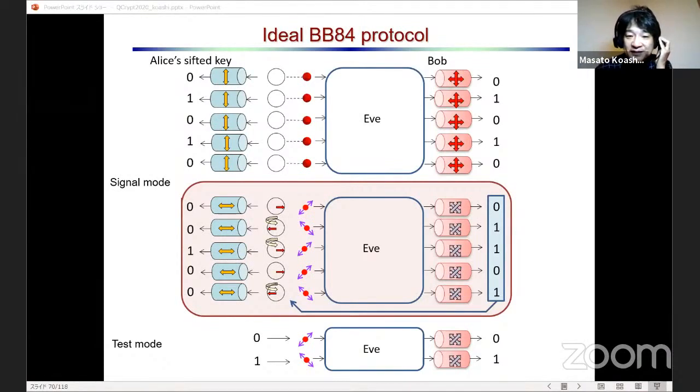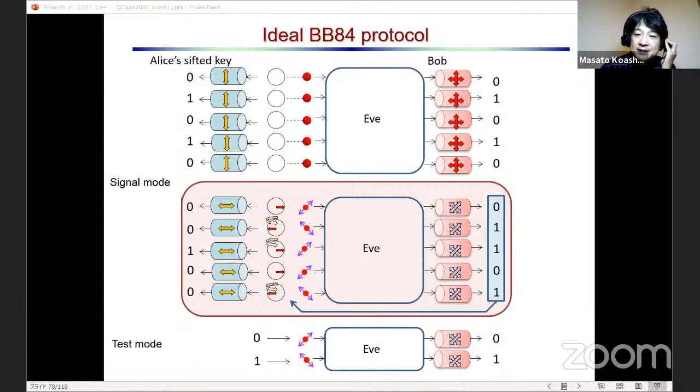But this year, we happened to find one instance where this approach can be applied to the security of CV-QKD. Of course, that doesn't mean that this approach can be applied to any protocol of CV-QKD. So it will be interesting to see how far this approach can go in the field of CV-QKD.